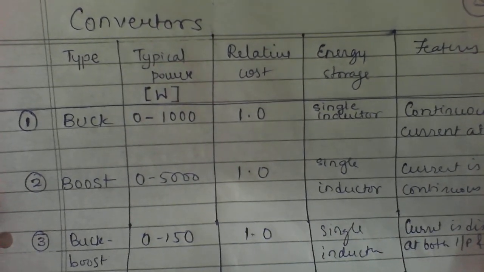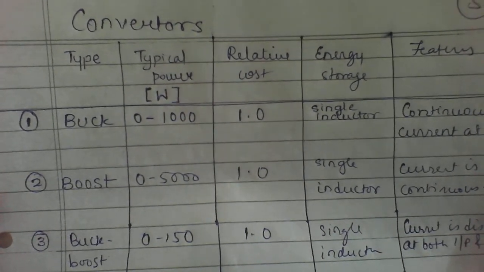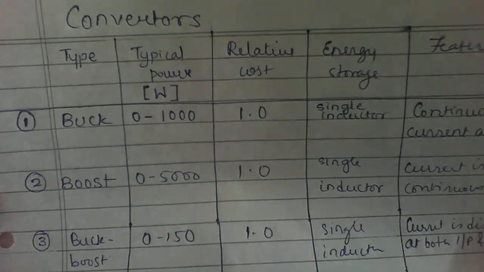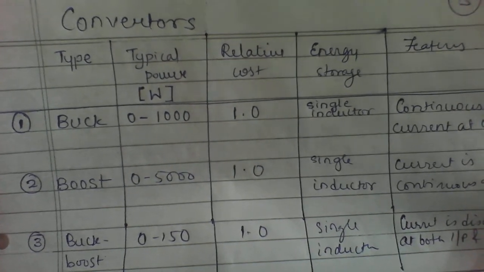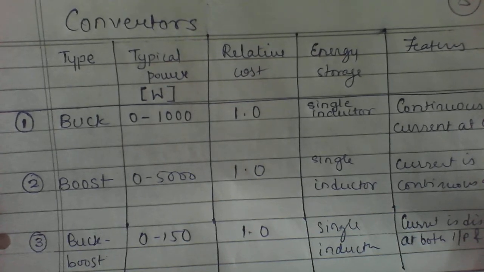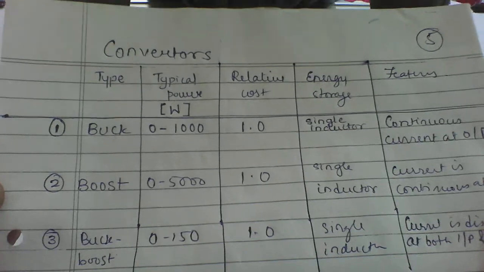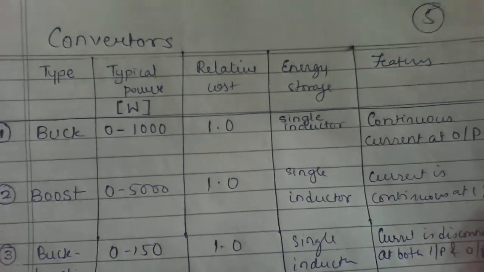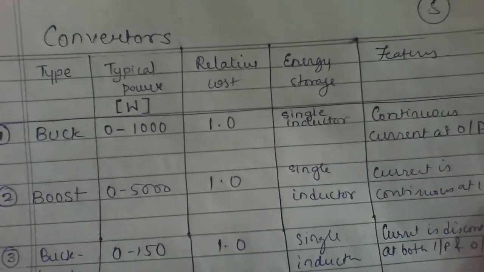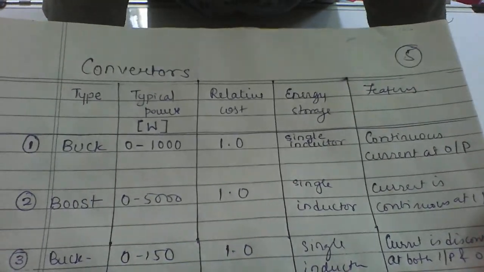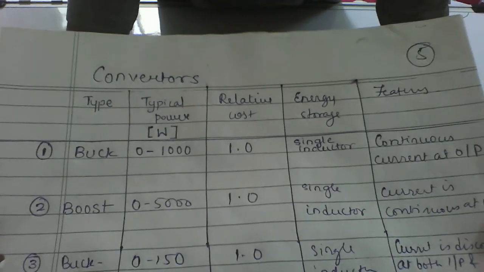First is the buck converter, which has a typical power range of 0 to 1000 watt, a relative cost of 1, an energy storage of a single inductor, and features continuous current at the output.